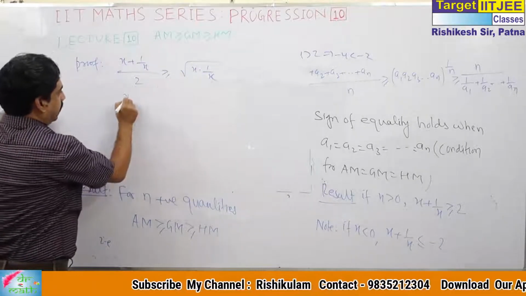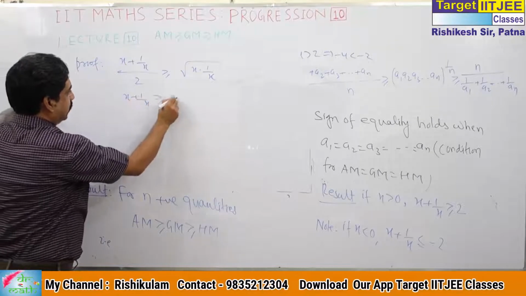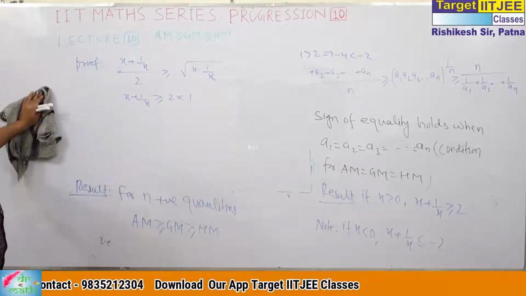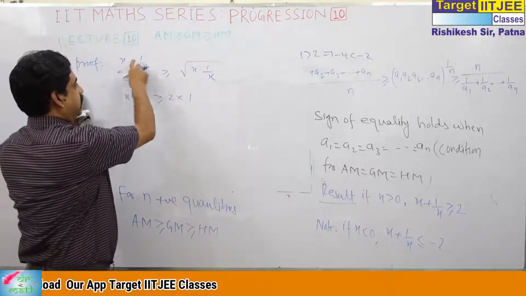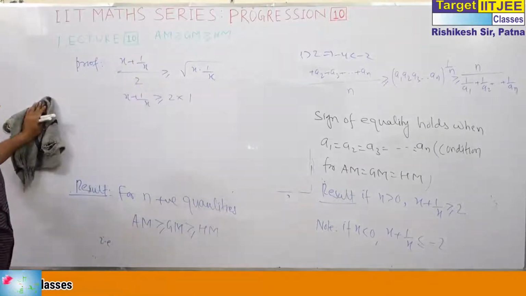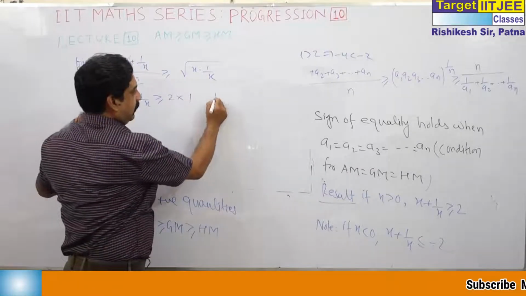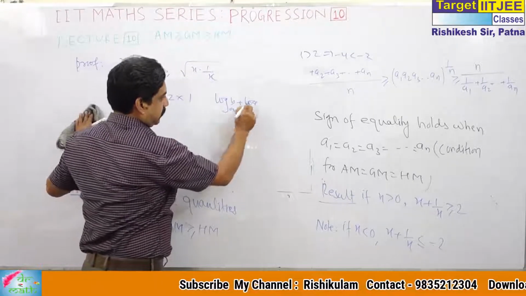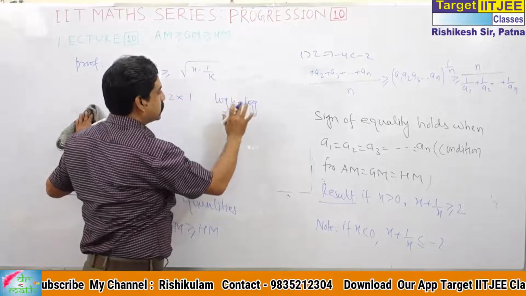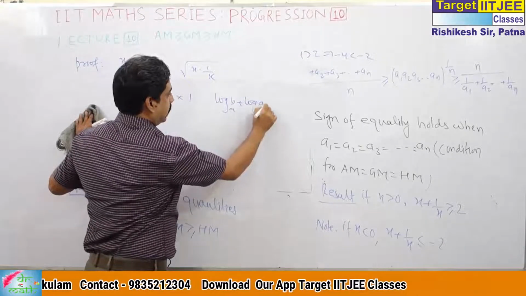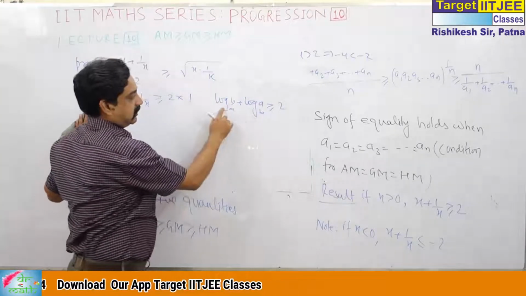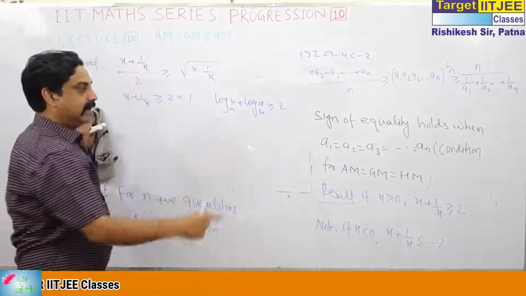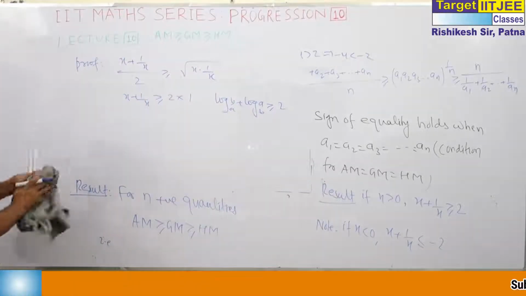So x plus 1 by x over 2 is at least 1, that is, x plus 1 by x is at least 2, and they are equal when x is 1, meaning 1 by x is 1. Likewise, for positive quantities, which is a must condition, this is greater than or equal to 2 because this and this are reciprocals. Sin x plus cos x is greater than or equal to 2 and so on.